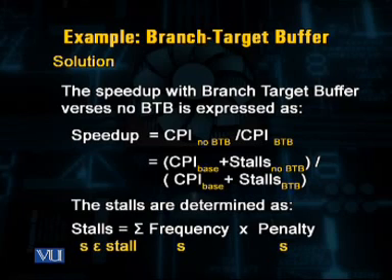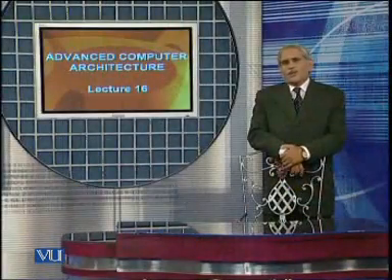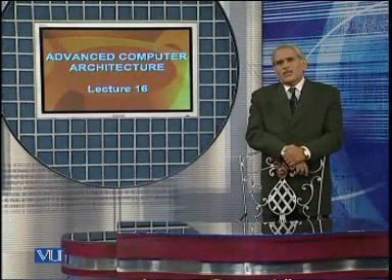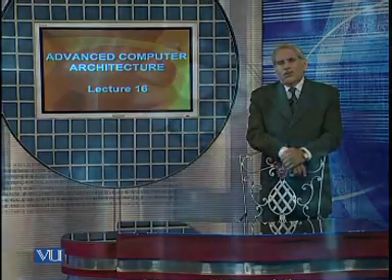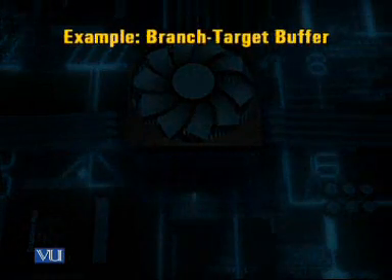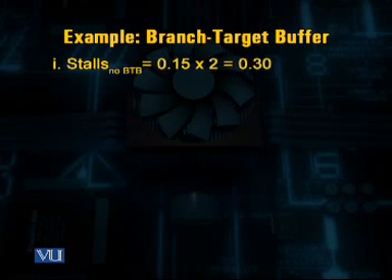From the frequency, we mean whether it corresponds to no branch prediction buffer or to with branch prediction buffer. So let us see how we can solve this problem by using this definition. Here you can see that at the first step, we find out the stalls with no branch target buffer.